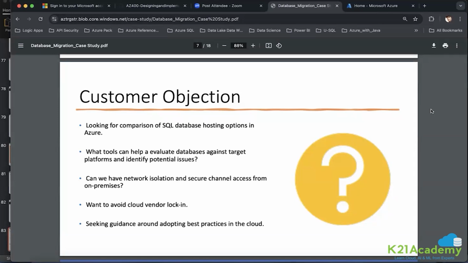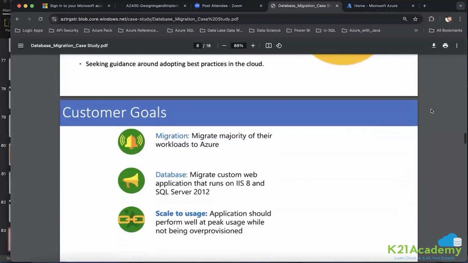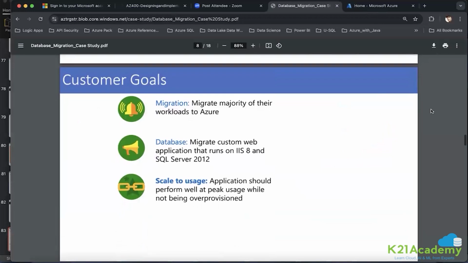At the same time, they are expanding network connectivity, like we discussed earlier: site to site, ExpressRoute, and all that. Via that, they want to connect and access their database engines. They want to avoid cloud vendor lock-in, and at the same time seek guidance on adopting best practices in the cloud. So these are some of the standard customer objectives they have.